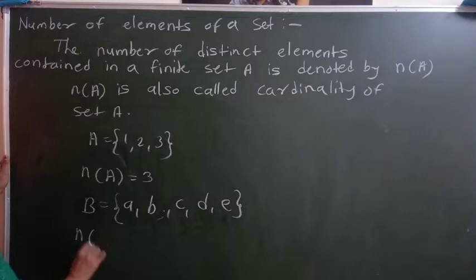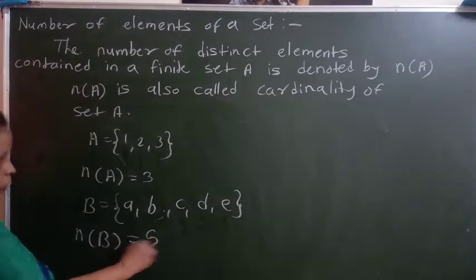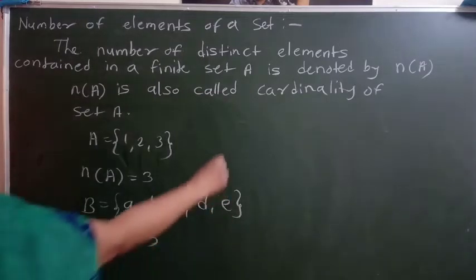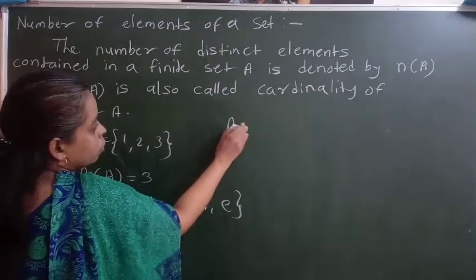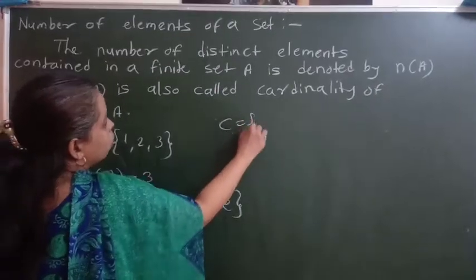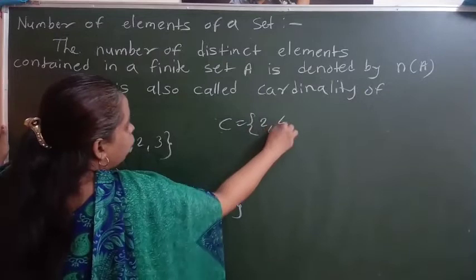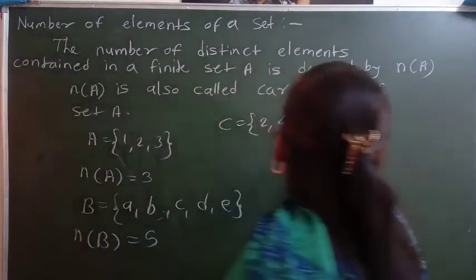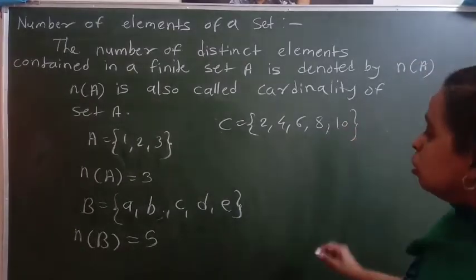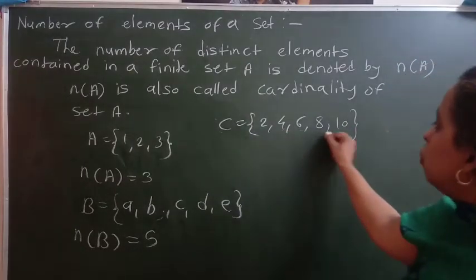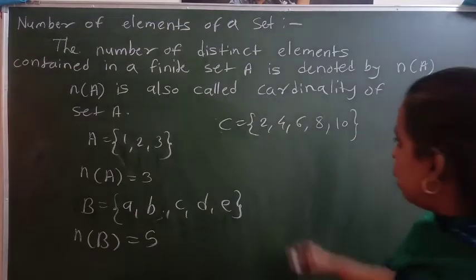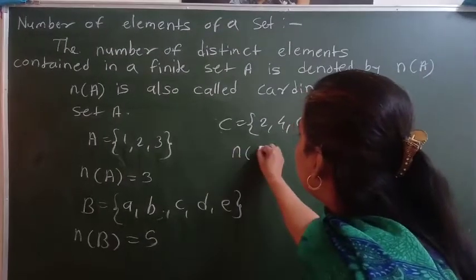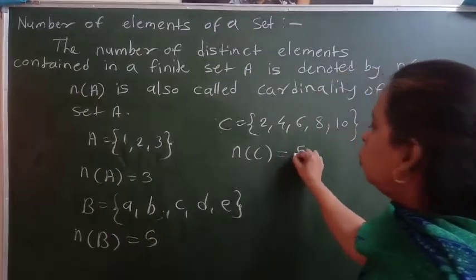So you can write n of B equal to 5. Any set. Suppose this is set C. It is 2, 4, 6, 8, 10. So 1, 2, 3, 4, 5. Total elements are 5. So you can write n of C equal to 5.